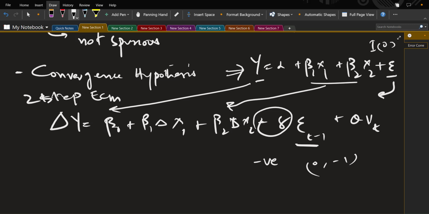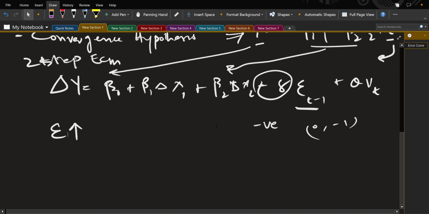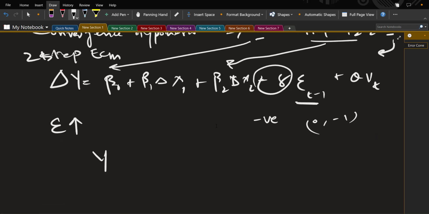So what does it mean? That if there is any increase in the error, which is observable or even non-observable, if it is for a very short time, it will be adjusted. Because if the error is increased, then the resultant equation, if I isolate the error term, is y minus alpha minus beta 1 x1 minus beta 2 x2 equal to error term.